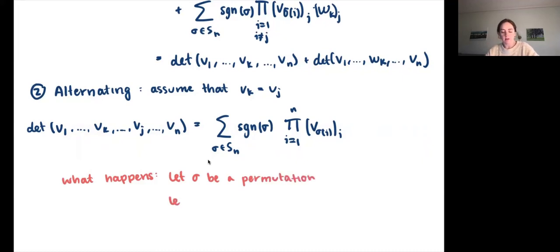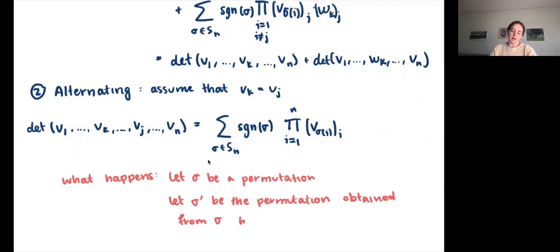And let's let sigma prime be the permutation obtained from sigma by transposing the things in the kth and the jth positions.